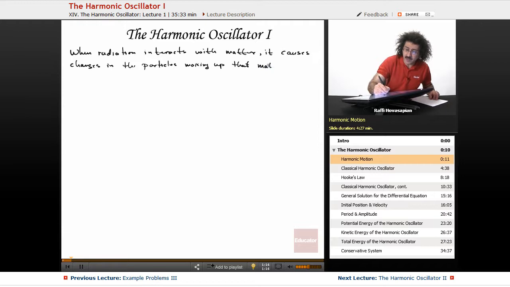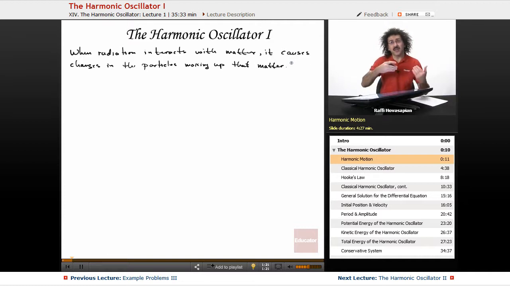So the whole field of spectroscopy is a study of that, the interaction of electromagnetic radiation with matter. At different frequencies, we get different responses from the molecules or from the atoms, whatever it is that we happen to be irradiating.